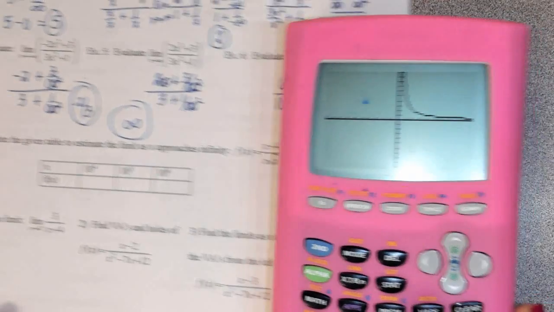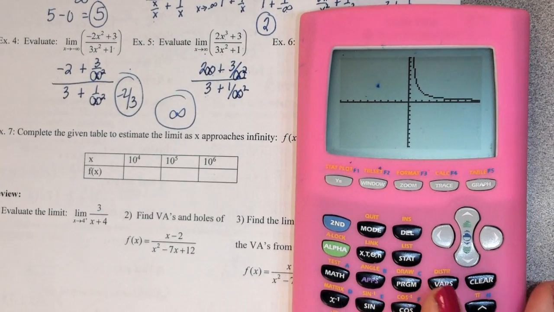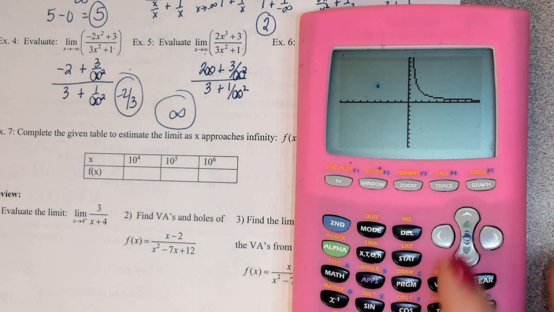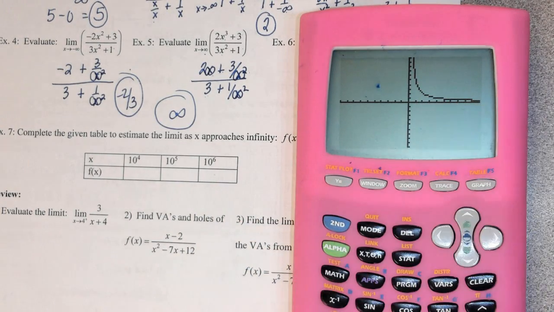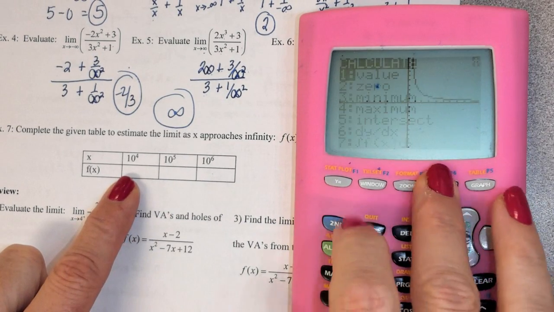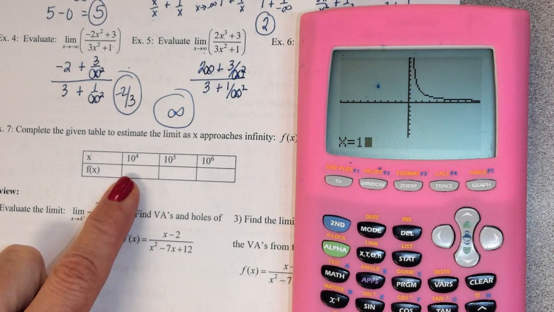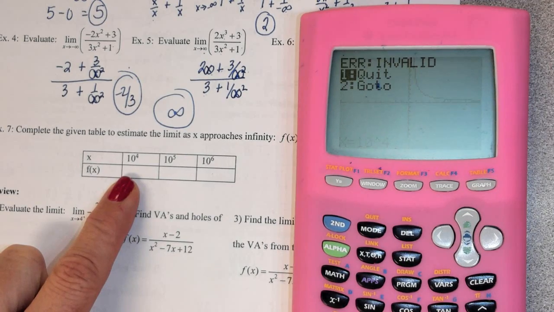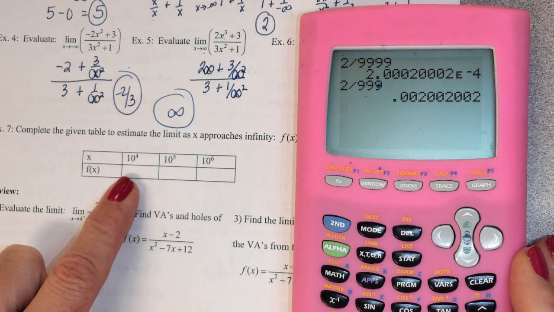Now, the question is asking me what's happening to the limit as x goes to infinity. I can almost kind of see it, but let's test it anyway. So they want me to plug in 10 to the 4th. If I try to plug in 10 to the 4th, my calculator says it's invalid. Why is that? Why won't it check 10 to the 4th for me?